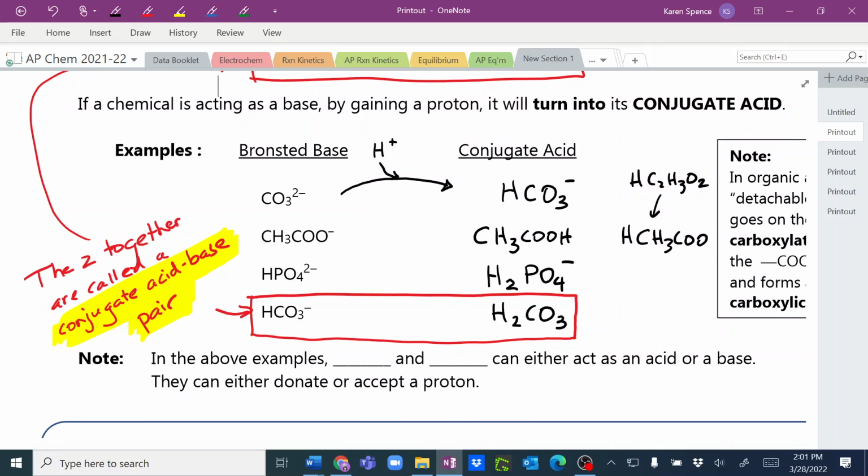A conjugate acid-base pair, if you have to define it, is a pair of chemical species that differ by a single proton, H+. Does that make sense?